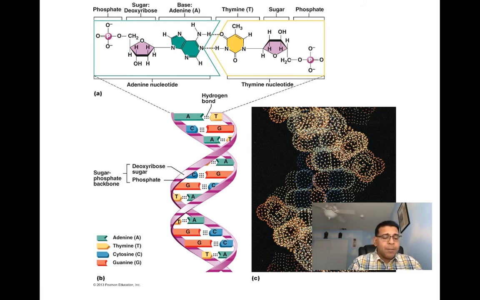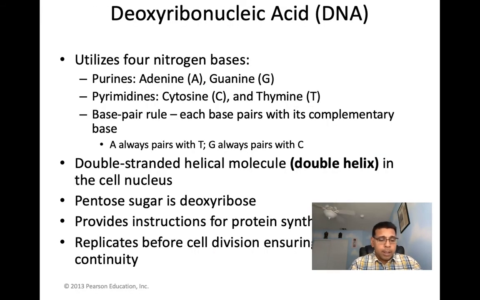There are five major varieties of nitrogen-containing bases. You have number one, adenine, abbreviated with a capital A. Number two, guanine, abbreviated with a capital G. And adenine and guanine fall under the category of purines. They are purines.